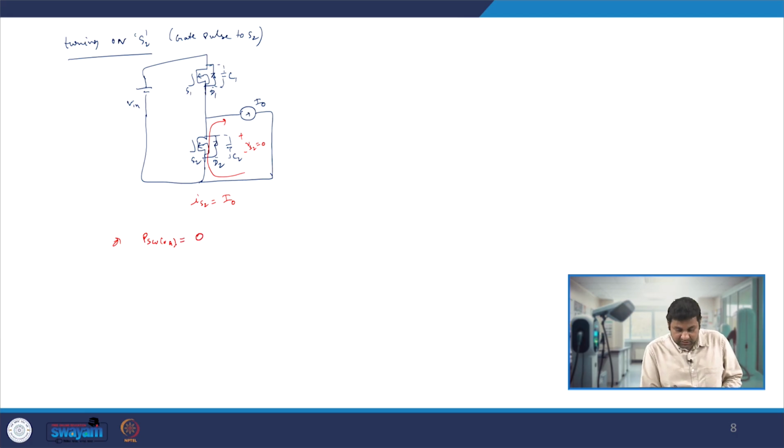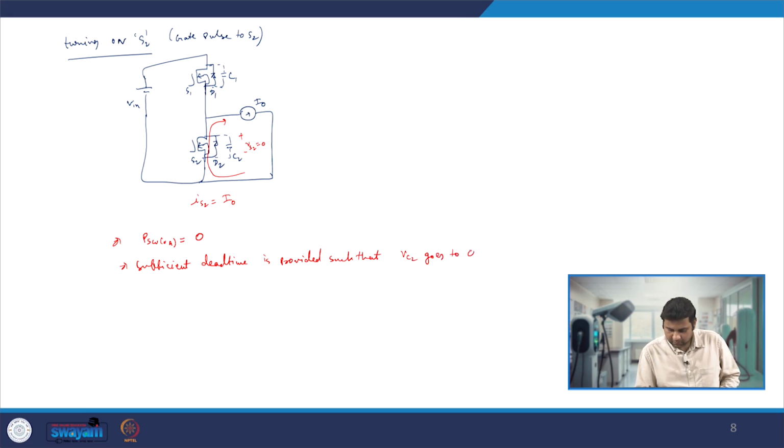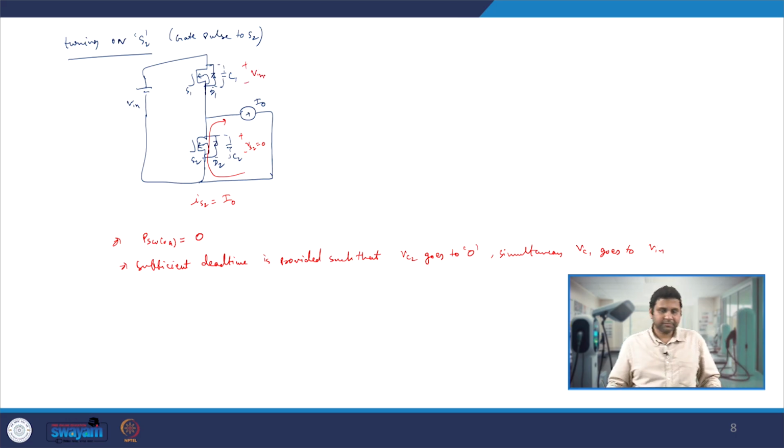In order to ensure this is 0, we must ensure that sufficient dead time is provided such that VC2 goes to 0, and simultaneously VC1 goes to Vin, and here it is the Vin voltage which will be coming over here.